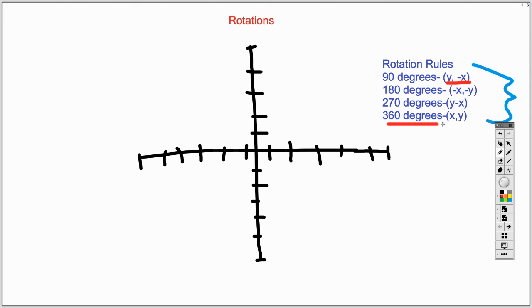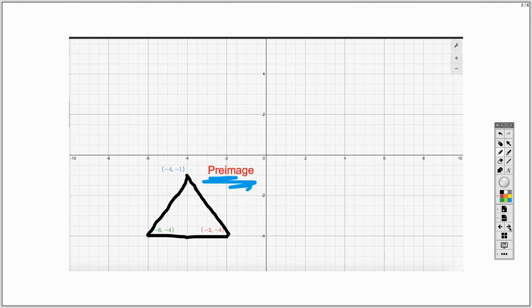Then our last rotation we can see is 360 degrees. And it's simply (x, y). So let me take this and let's do it. So (x, y), 360, right? Okay, (-4, 1), (-6, -4), (-2, -4).